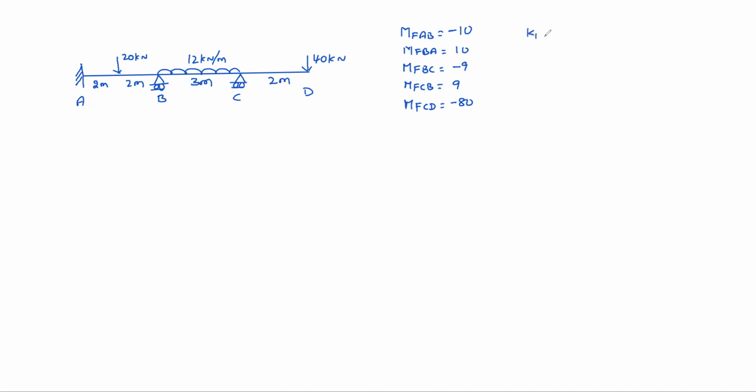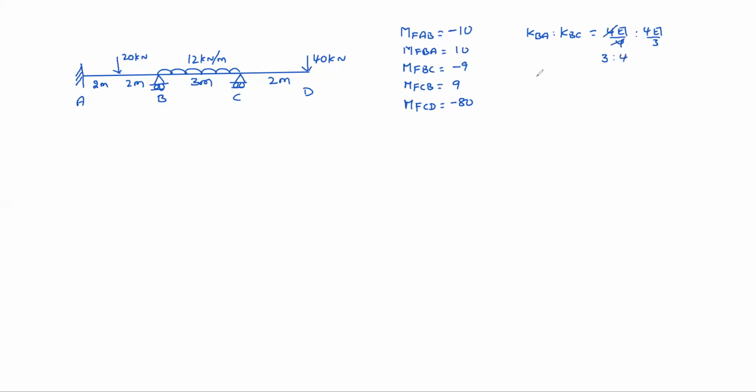Okay, now KBA is to KBC, how much? 4EI by 4 is to 4EI by 3. Okay, that is 3EI by 3. 3 is to 4, right? 4 cancel, 3 is to 4.